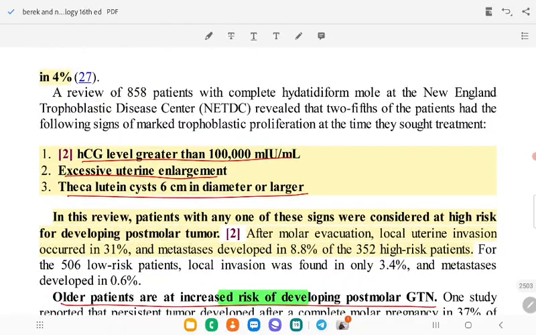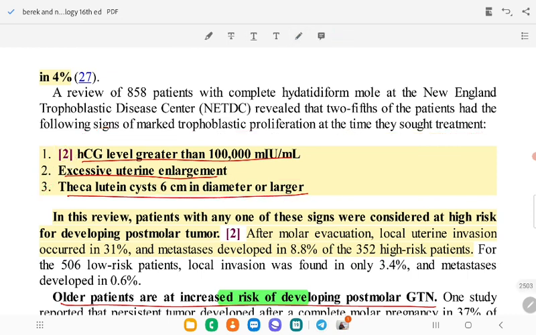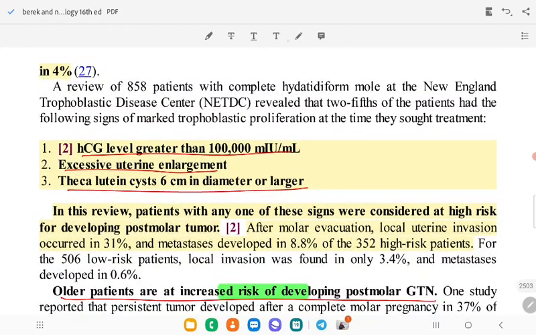Then how will we suspect? The signs that will mark the proliferation at the time of follow-up. If beta hCG is more than 1 lakh, excessive uterine enlargement, theca lutein cysts 6 cm in diameter or larger. All these things are important.